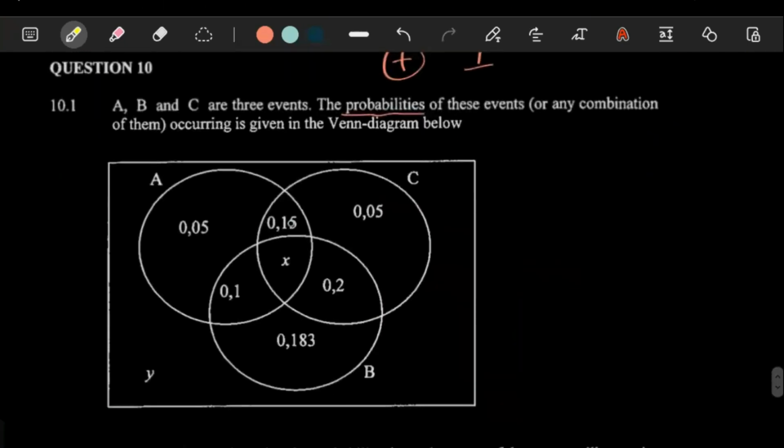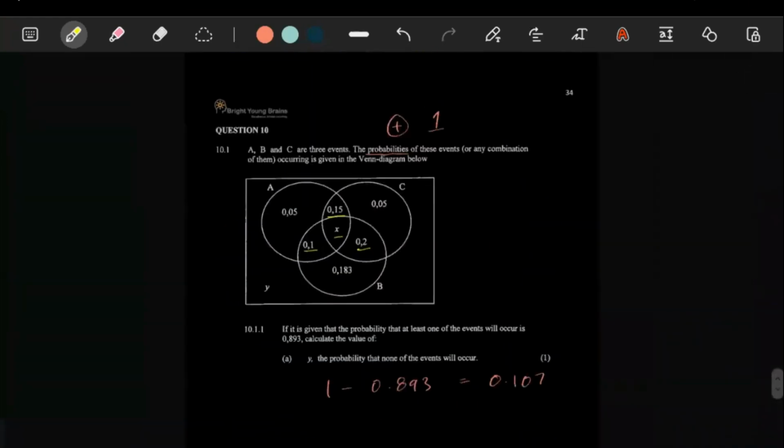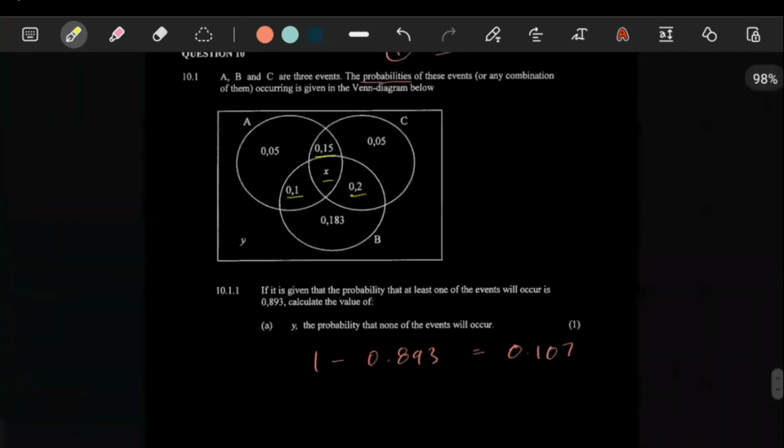So you need to add up this value, this value, this value, and the value in the middle. This is the probability of these two happening, this is the probability of these two happening, this is the probability of these two happening, and this is the probability of everything happening. So if they say the probability of at least 2 happening, you take the probabilities of 2 happening and also the probability of 3 of these events occurring together.